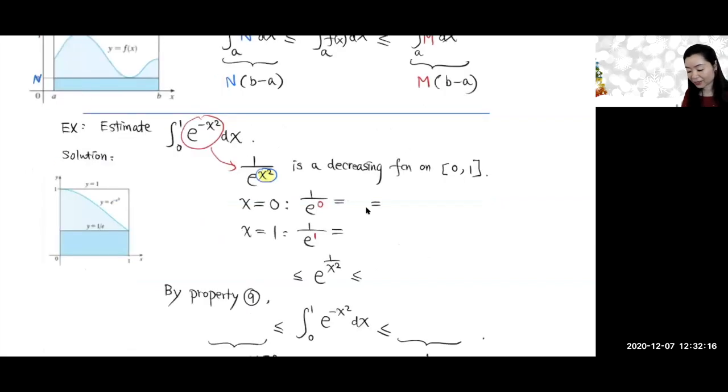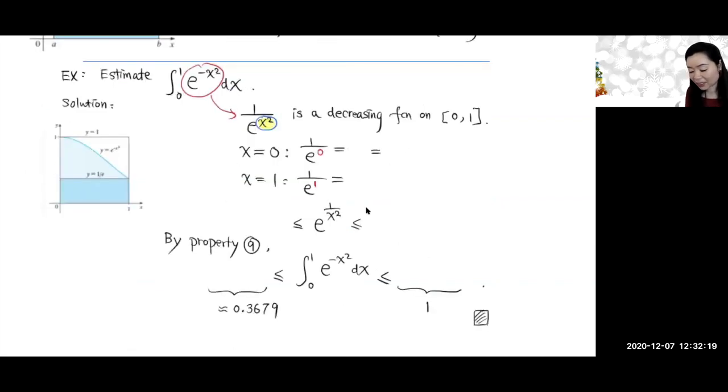Okay, now let's use this on this example. This is e to the negative x squared. So this is a graph of e to the negative x squared. When x equals 0, this function is going to be 1. When x equals 1, this function is 1 over e. So it starts from x equals 0, y equals 1.